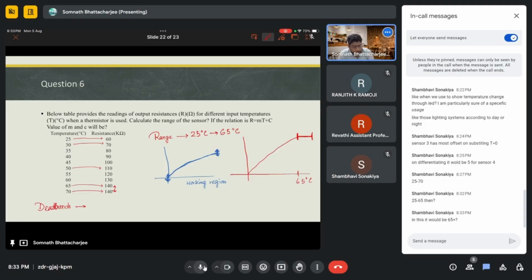Yeah, 65 degrees to maybe any values, right? We don't know the value. But this is not the exact answer I wanted.